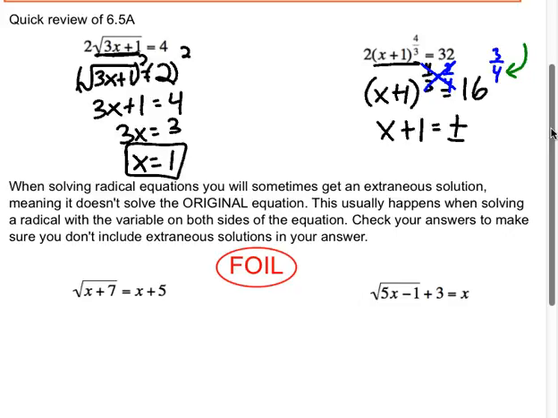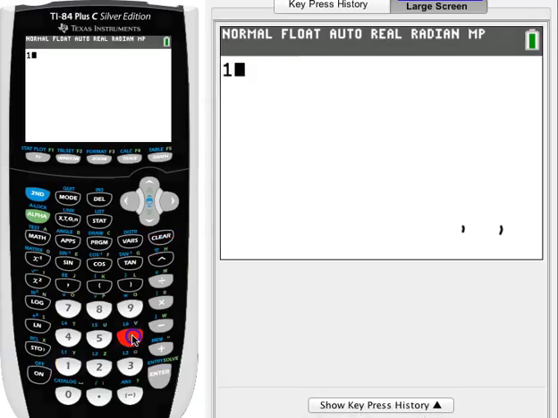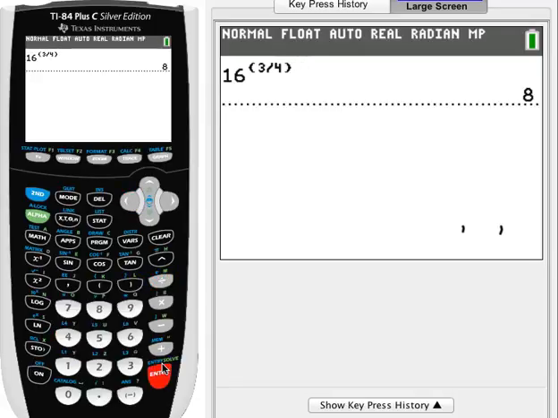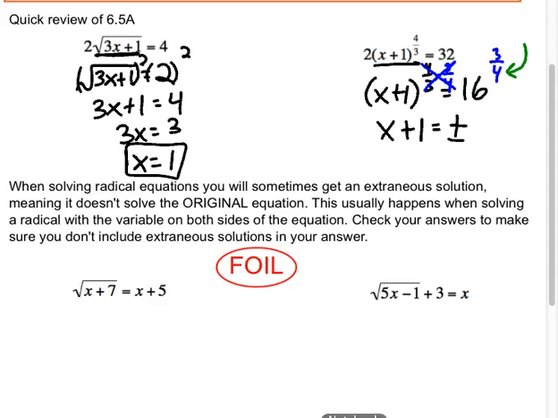Because whenever you take an even root in an equation, you always produce that plus or minus. And then, of course, always feel free to use the calculator. So 16 to the 3/4, you can use a calculator to help speed up those computations. And that's going to give me an 8. Because of that plus or minus, now I basically have two equations. x plus 1 equals 8, x plus 1 equals -8.